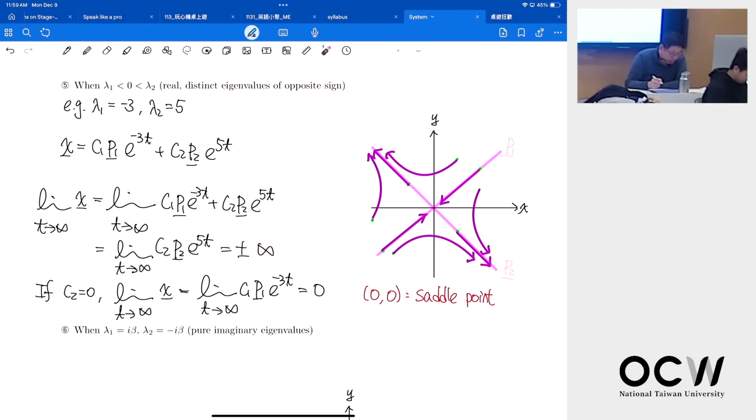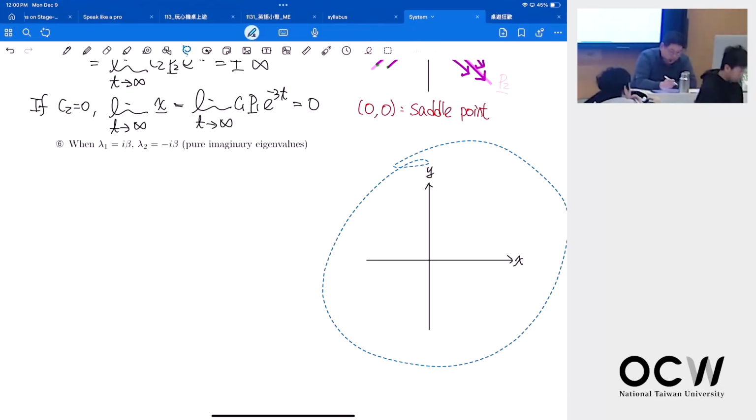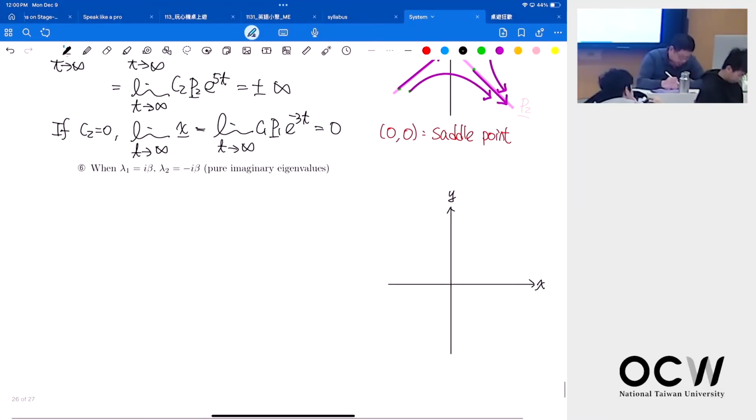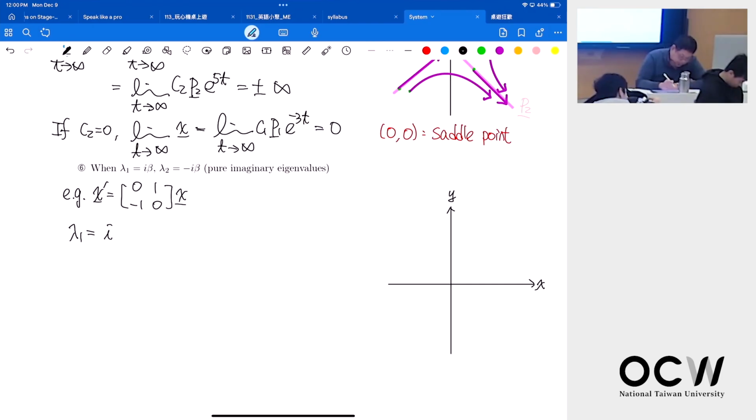So if they are pure imaginary eigenvalues, what happens? Suppose, for example, I have x prime equals the matrix [0, -1; 1, 0] times x. My eigenvalue lambda 1 is i, and I can find my eigenvector (1, i). For eigenvalue minus i, the associated eigenvector is (1, -i).